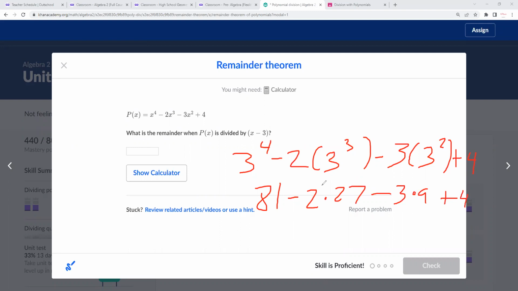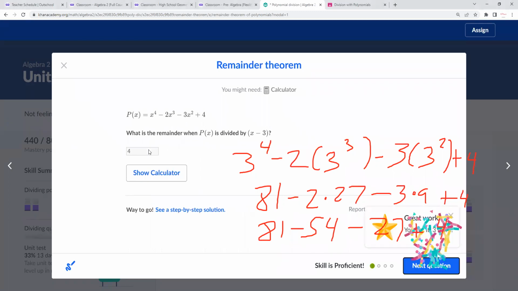Okay, multiplication next. 2 times 27 is 54. 3 times 9 is 27. And then we want to move left to right. We have 81 minus 54 minus 27 plus 4. So my remainder for this one is just 4.